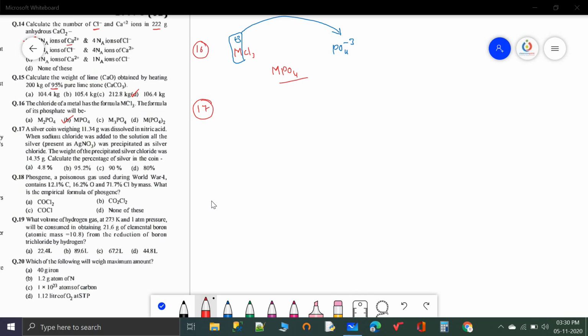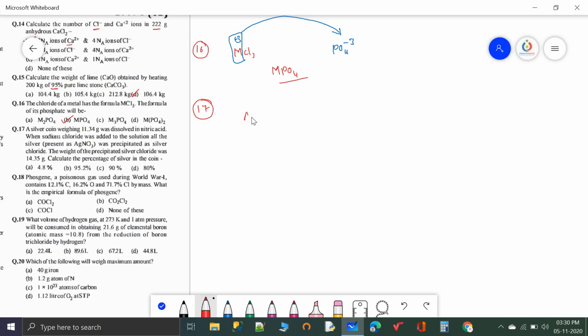So let's try to calculate the number of moles of silver. First of all, try to understand this question. There is one silver coin. This silver coin is subjected to HNO3, and all the silver is converted to AgNO3, silver nitrate. And this silver nitrate is later treated with sodium chloride, so that all the silver is converted to silver chloride.